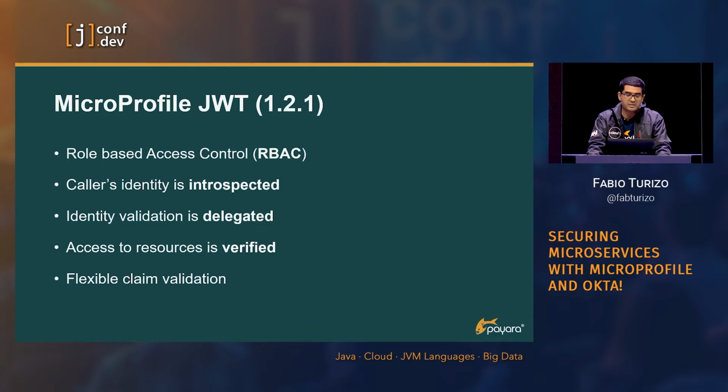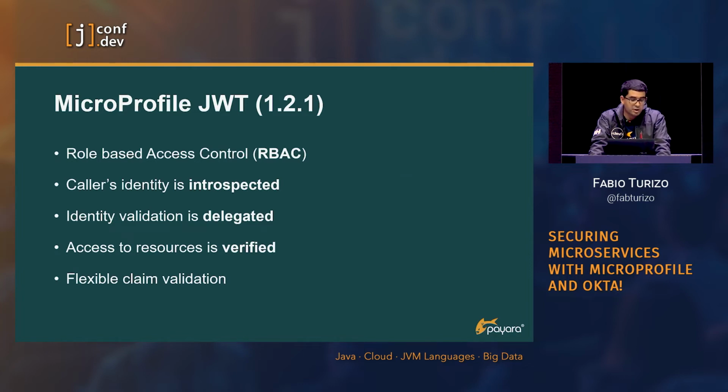And then access to the resources is verified. After validating that user identity, that user will have to cross-reference their permissions based on roles or groups, or whatever you want to call them, and see, oh, this user belongs to the admin group, they can execute an admin operation, or they belong to a less permissive group, they can't execute an operation, and hence you will get a 403 HTTP error code.